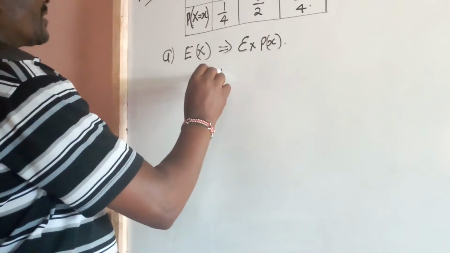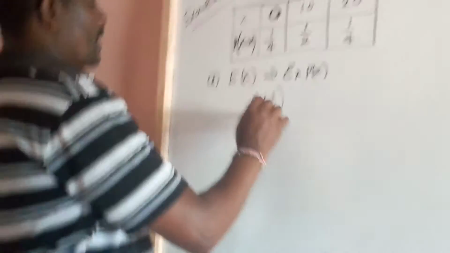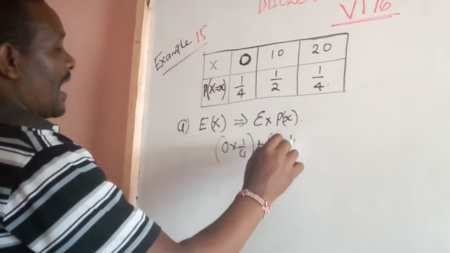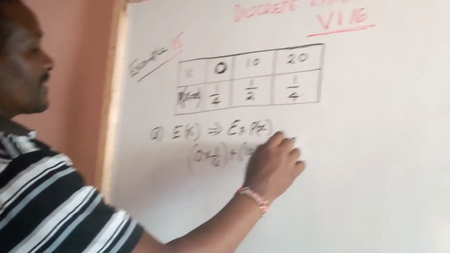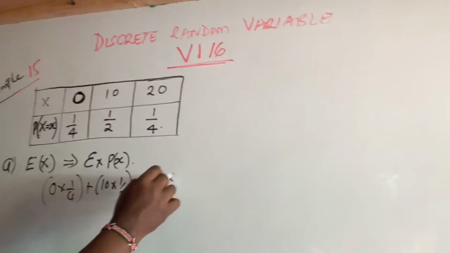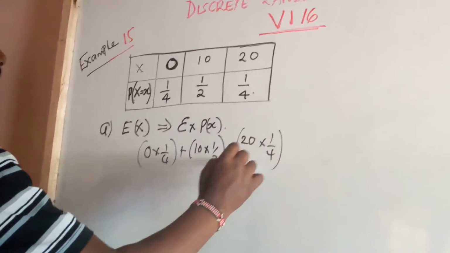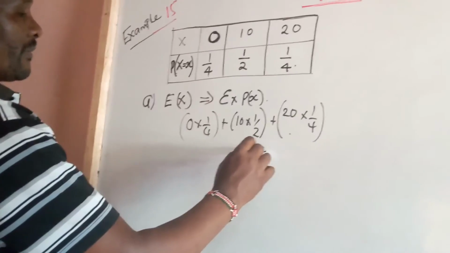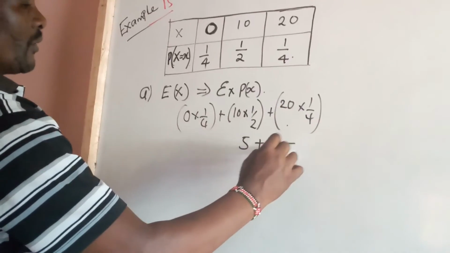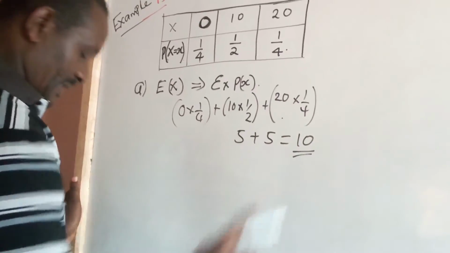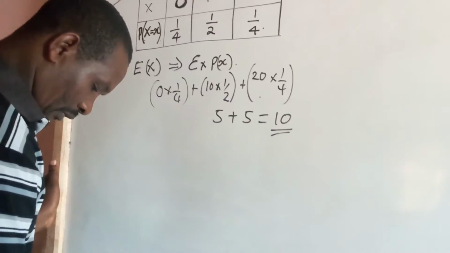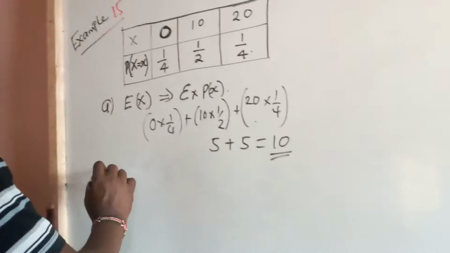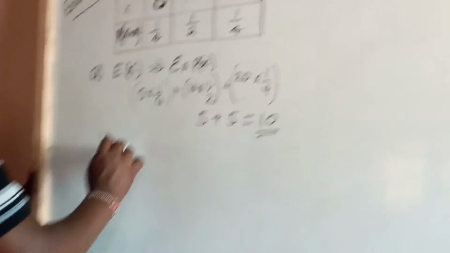So 0 times a quarter plus 10 times a half plus 20 times a quarter. Of course, this is 5 plus 5, which is 10. And that is our value of E(X).